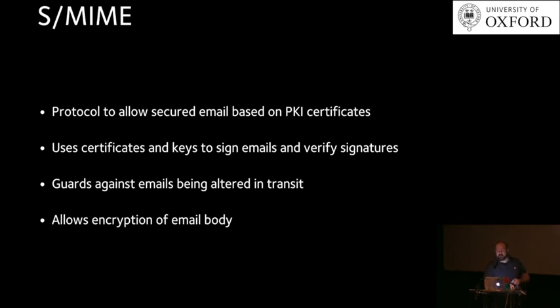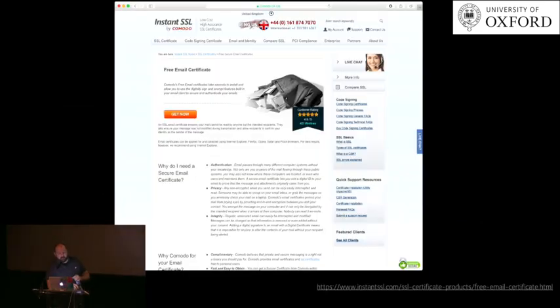And it also allows for the encryption of the email body. It's one of the few different applications for secure email. Others are available. There is PGP, GPG, there's even TLS to authenticate with your outgoing mail servers and so on. But in this example, I'm going to use S-MIME.